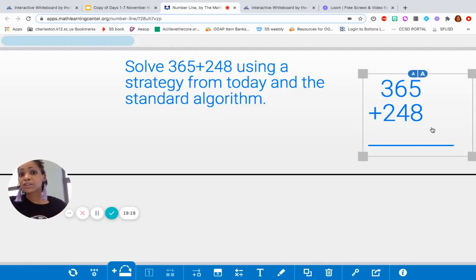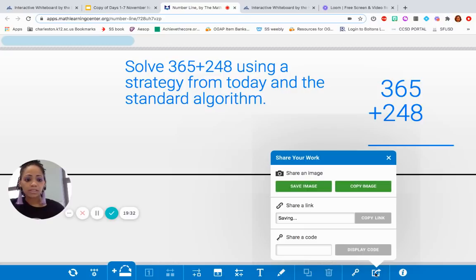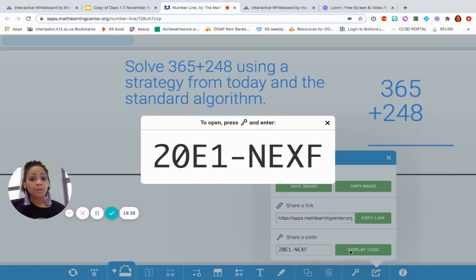And you're going to share your code with your teacher so that she sees that you guys are participating and have completed the Number Corner expectation for today. Here is my share code, and this is how you get it. You press this box here with the arrow, and it'll give you a code once you've worked it out on your number line. But here is the code I want you guys to put in, so it pulls up what I've already done here for you. 20E1NEXF.